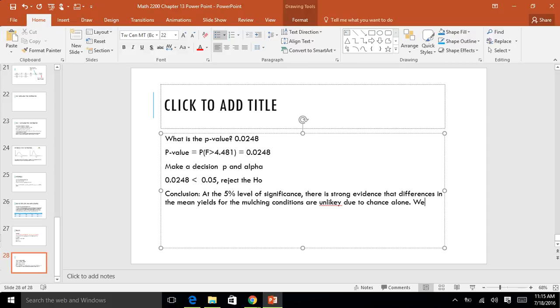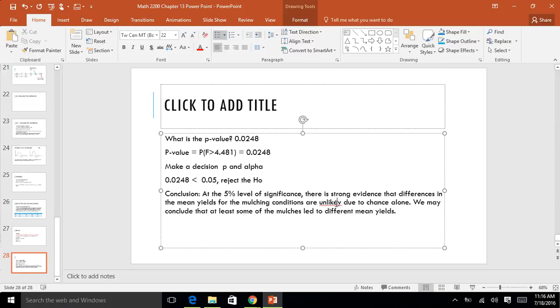Okay, we may conclude that at least some of the mulches lead to different mean yields. Okay, what do we do there? We just said that. Oops, I spelled that wrong. Sorry about that, guys.